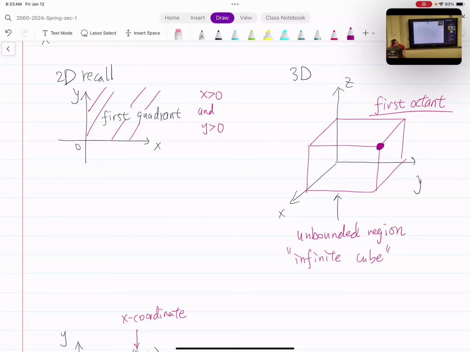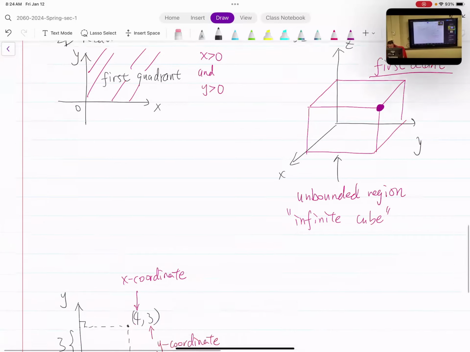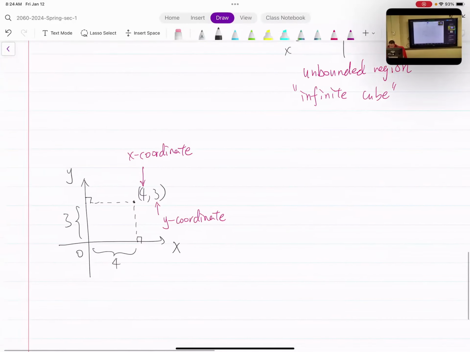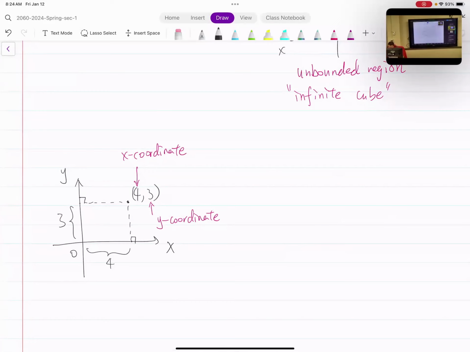So what I'm going to do is make the red edges solid, but the black ones are actually on the rear side, so I'm going to illustrate them as dashed lines. To illustrate the point (1, 1, 1), it's going to be a cube.